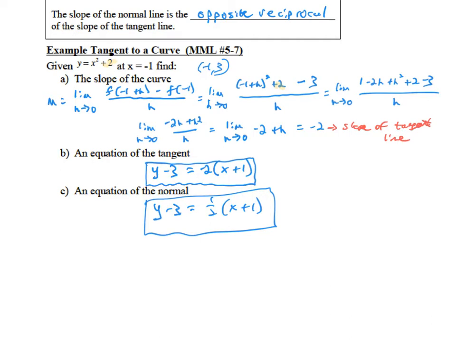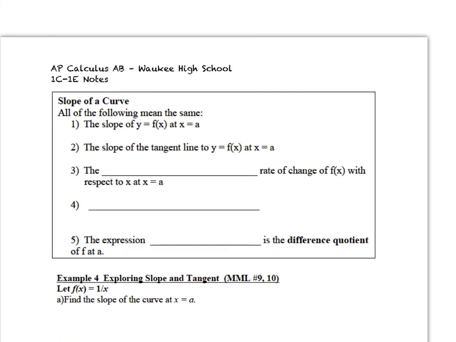One more page here. As I zoom in on this, we need to note that all of these things mean the same thing. The slope of y equals f of x at x is equal to a. The slope of the tangent line.